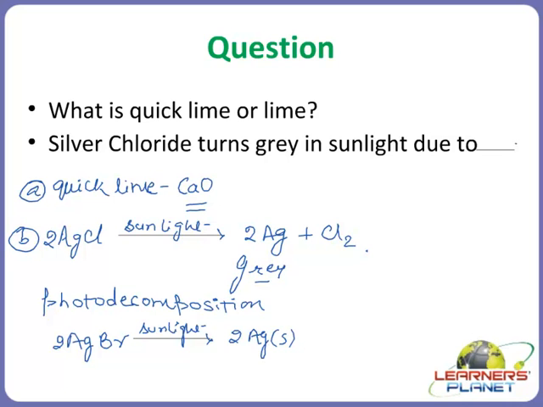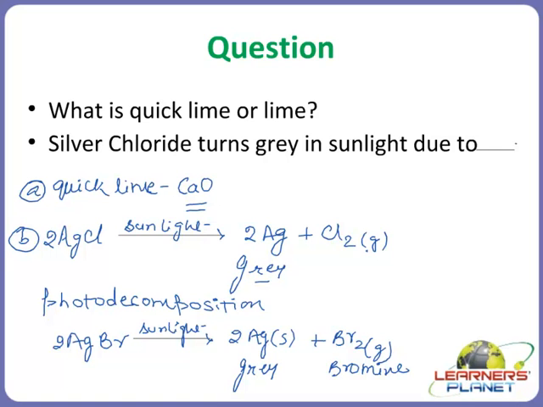So this is silver, grey in color, and bromine, that is Br2 gas. So these both are examples of photo decomposition.